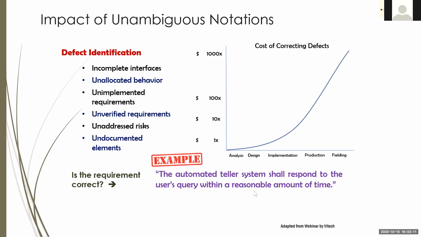And that word reasonable is not quantifiable. So if I want to write a test case to verify this requirement, I will not be able to verify it because I was not able to quantify reasonable. So we have to go back to the customer and discuss a little bit more on what that means, okay?